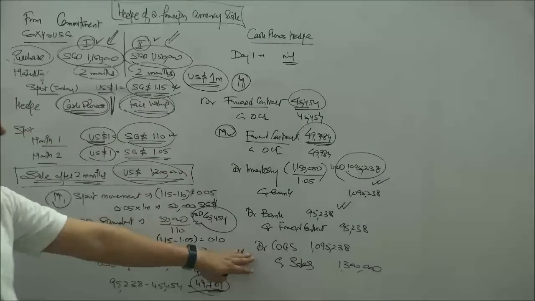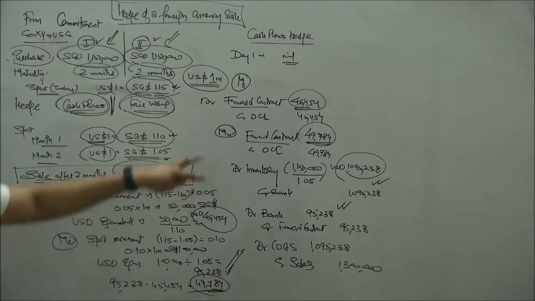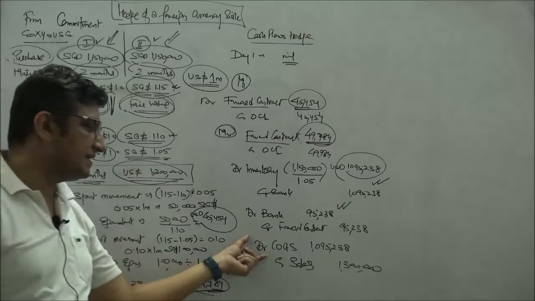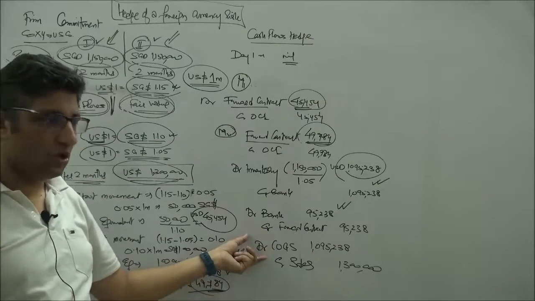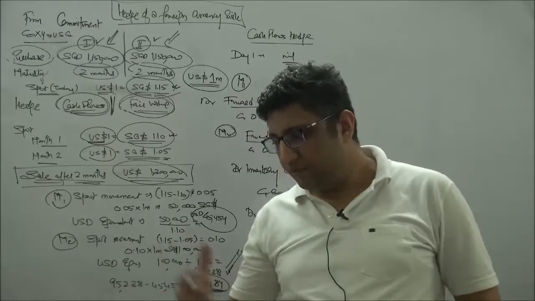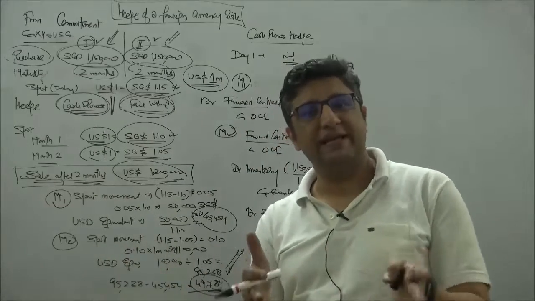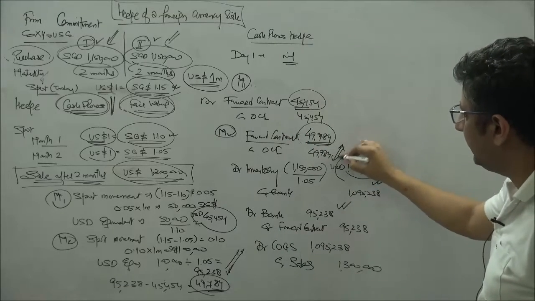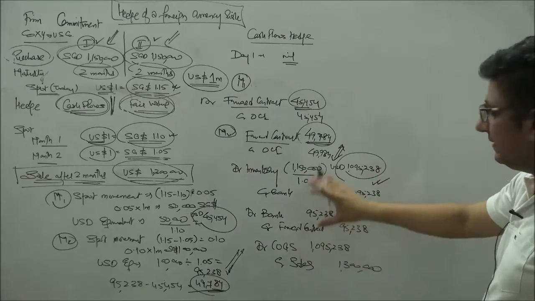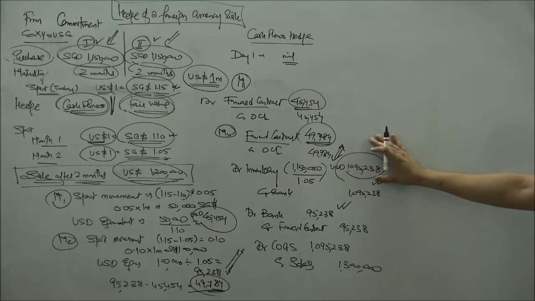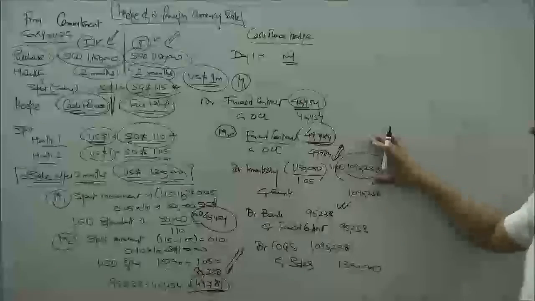At this point in time, I have a time where I would bring this OCI gain and adjust it against my cost of goods sold. The very idea of this movement from OCI to P&L is that when this inventory is hitting my P&L at the time of sale, that is a point when my cost of purchasing shall be reversed.